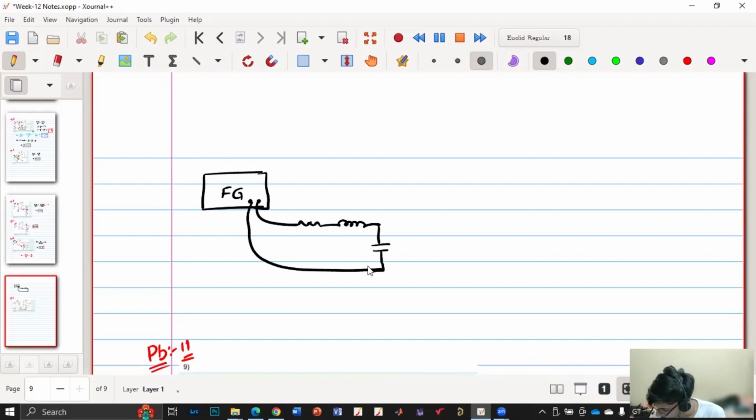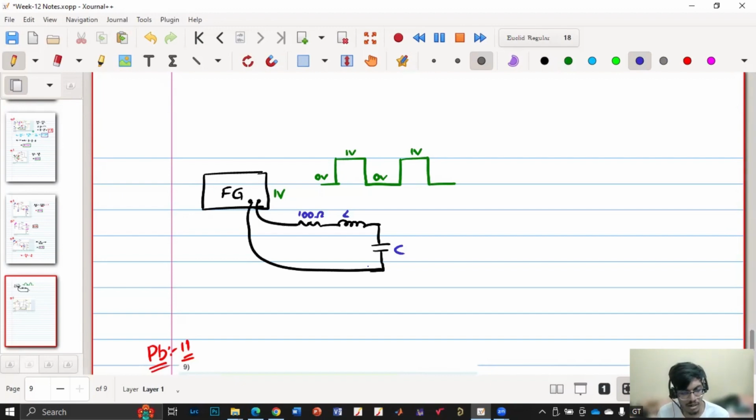In the function generator, we give say a 1 volt square wave. So it is toggling between 0 volt and 1 volt. Now say the resistor I have selected is 100 ohms, and this is L and C, and I'm operating at resonant frequency.